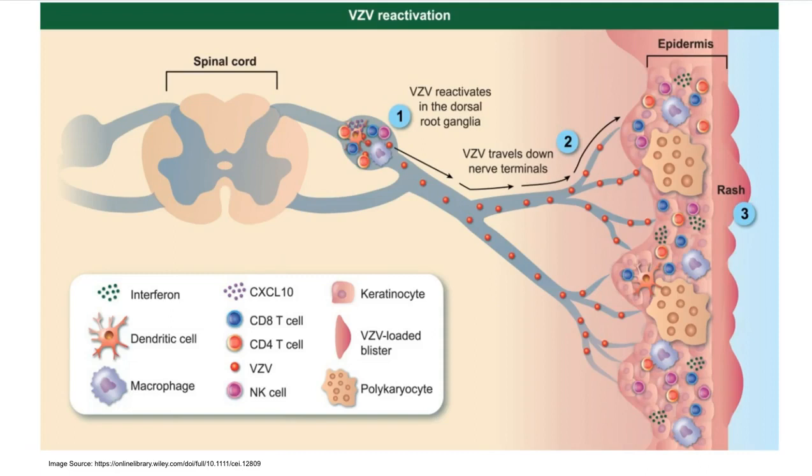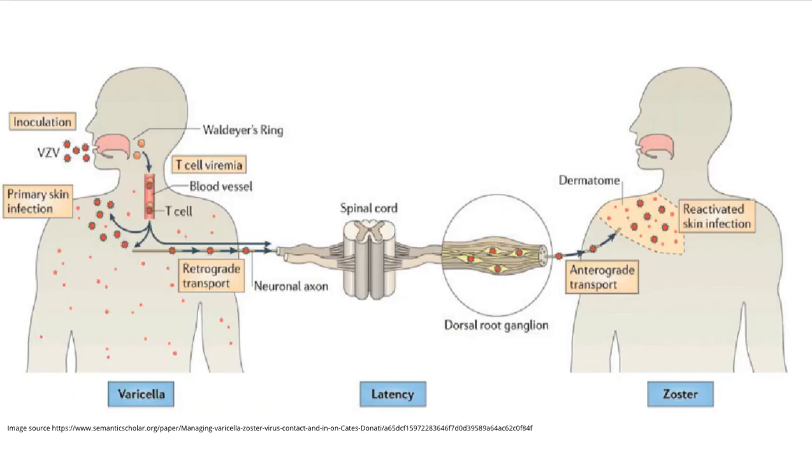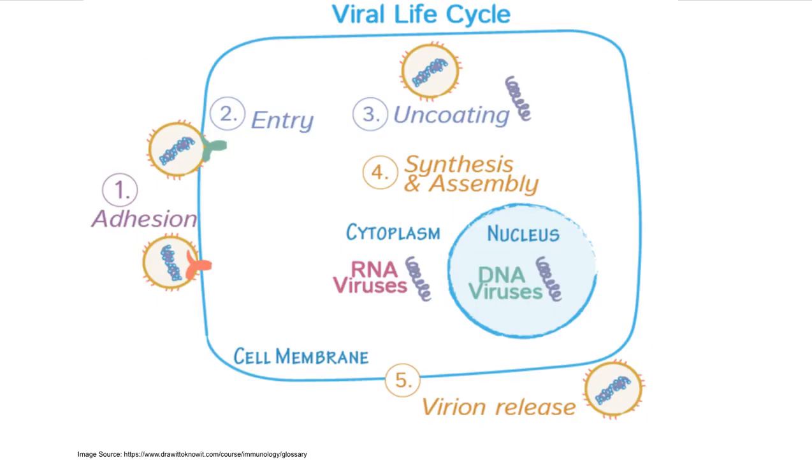When VZV returns to the skin during reactivation, it goes to the area affected by the specific ganglia in which it lay dormant. This is in contrast to the primary infection of chickenpox, where the rash appears across all areas of the body. The reactivation of VZV illustrates the hallmark feature of the herpes virus family, latency. Latency is the establishment of lifelong infection, and this is how one virus can cause two diseases.